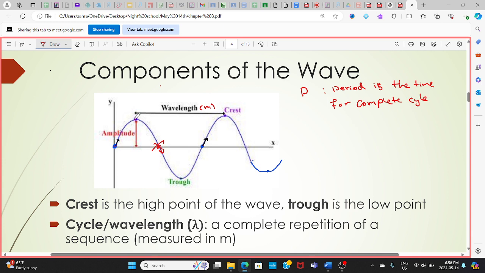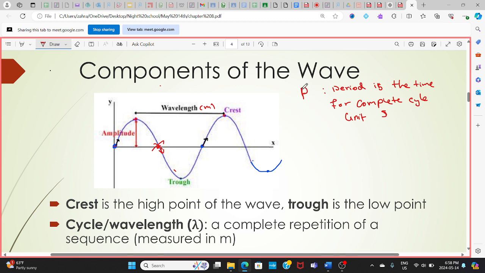So if the energy is here and it's trying to move forward, the time that it takes the energy to come from here to here is the time of one complete cycle. It will be the period. And the unit for the period is second.